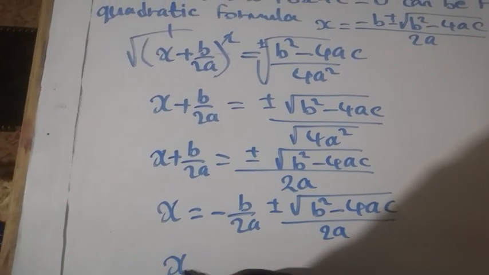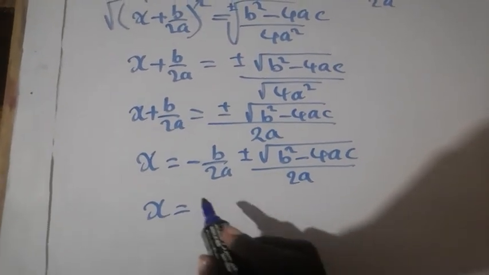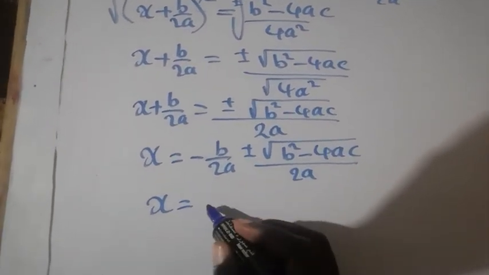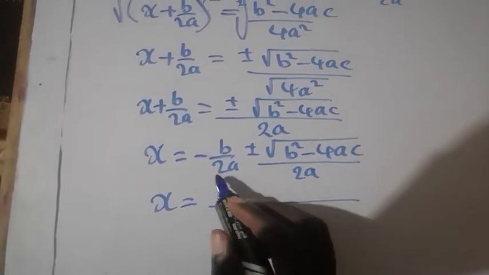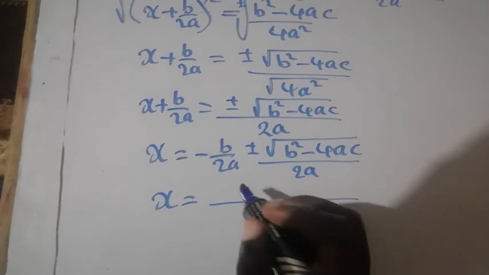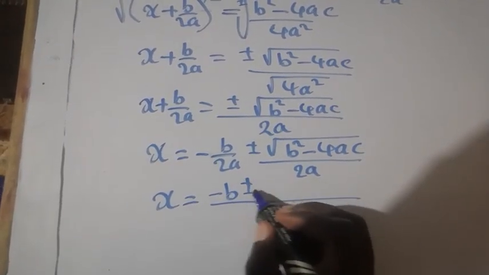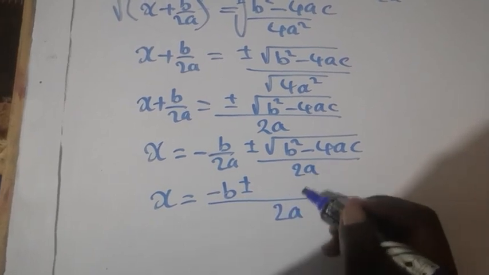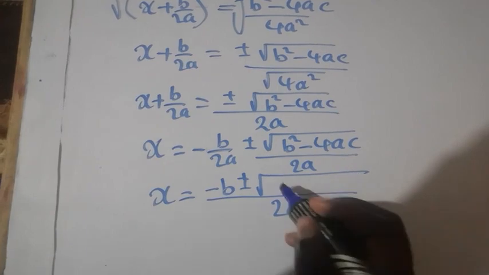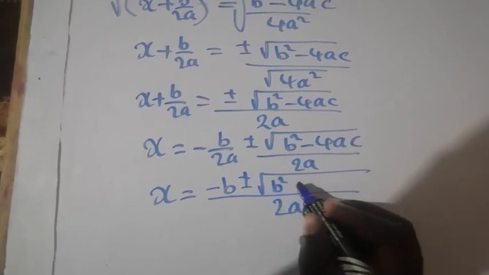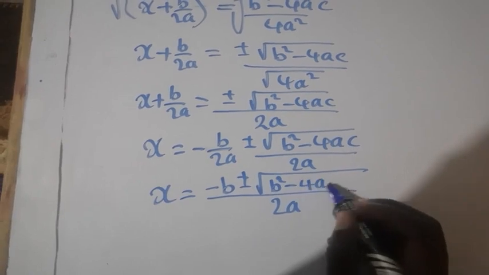At this stage, we write the common denominator, which is 2a. 2a into 2a is 1, so 1 times negative b is negative b, plus or minus 2a into 2a is 1, 1 times the discriminant is just the discriminant, which is square root of b squared minus 4ac.